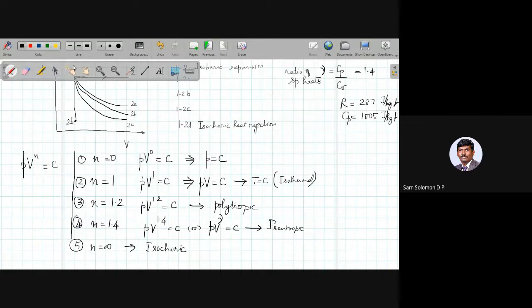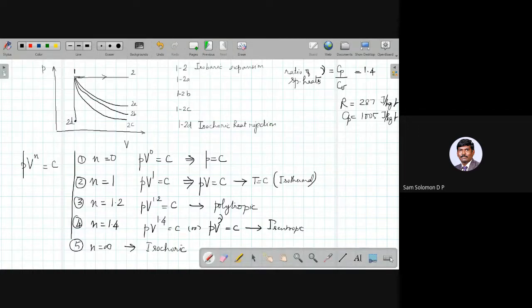Now, can anyone volunteer and help me out in fixing which one is supposed to be isothermal, which one is isentropic, and which one is polytropic? I need the help of one student. I'll give you a clue.